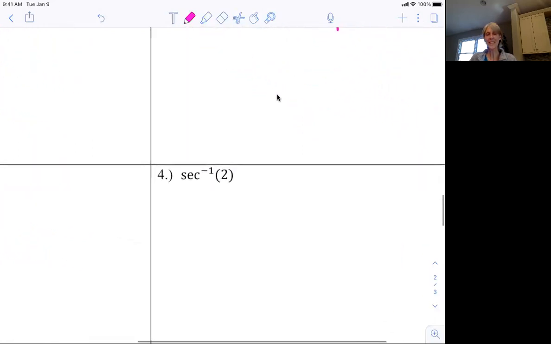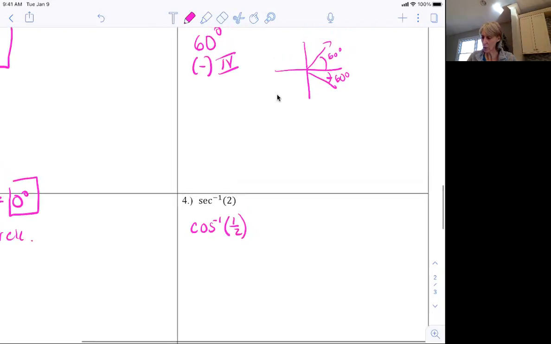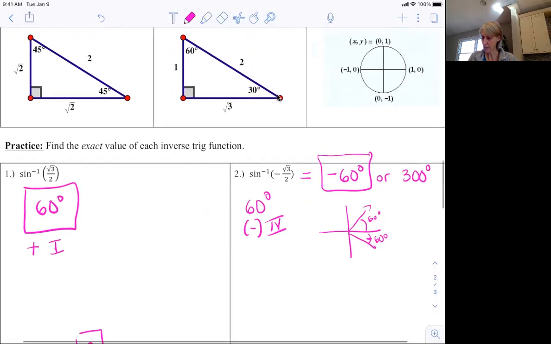The angle whose secant is 2. Now, I've tried to get you in the habit of thinking, well, secant, that's messy, I'm not going to deal with it. Instead, I'm going to find the angle whose cosine is 1/2. Flip that ratio, and it's a lot easier to work with.